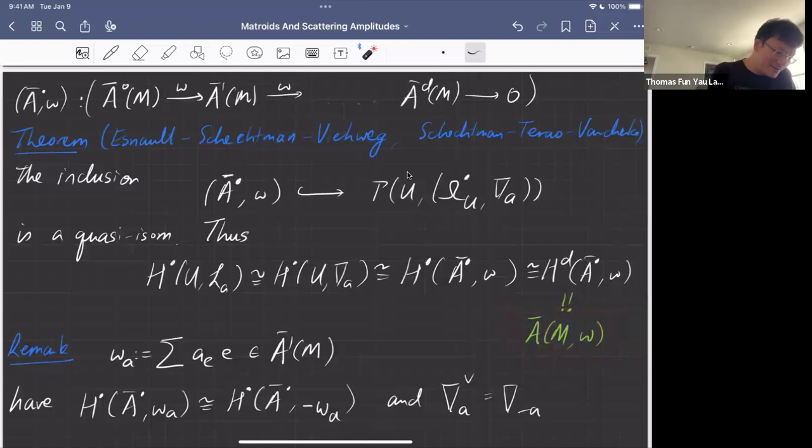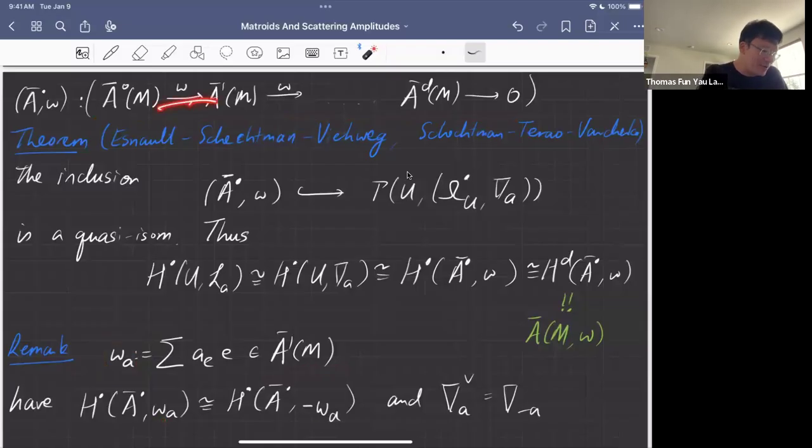I think this is sometimes called the Aomoto complex, and sometimes this is called cohomology of an Orlik-Solomon algebra. So this omega is an element in degree 1 of the Orlik-Solomon algebra. And the cohomology of this complex is invariant under changing omega to negative omega.